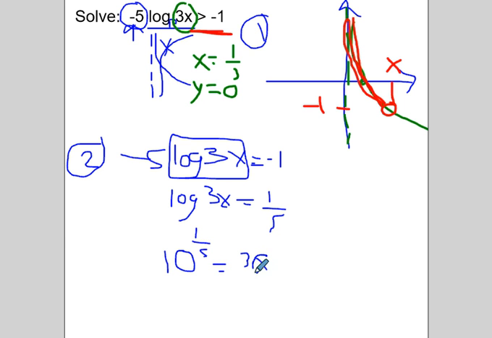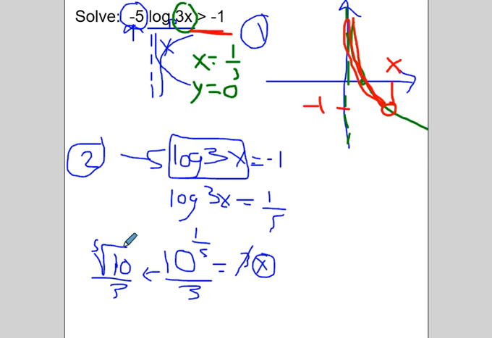You're looking for x, so you need to divide by 3. Now 10 to the exponent 1/5, you have to remember, is the same as the 5th root of 10. I think it's better to write it like this, since you'll see it more often written like this.